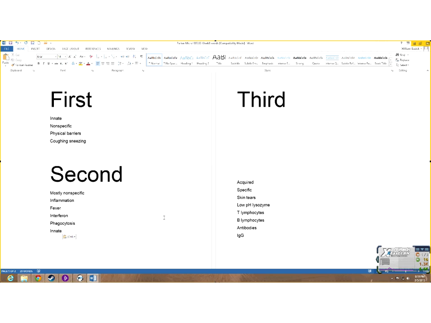All right, so the third line. Not all of these go in the third line here. Which ones do? Specific. Acquired, right?